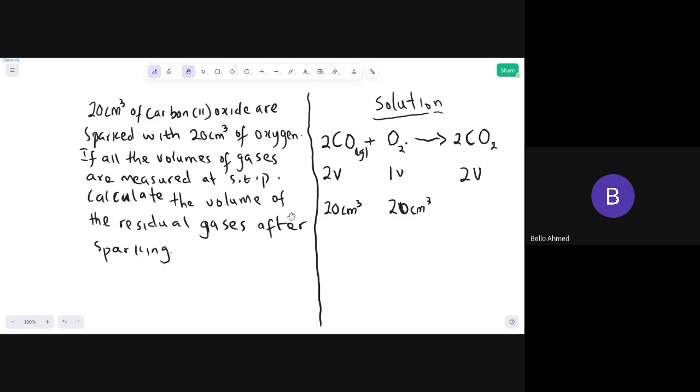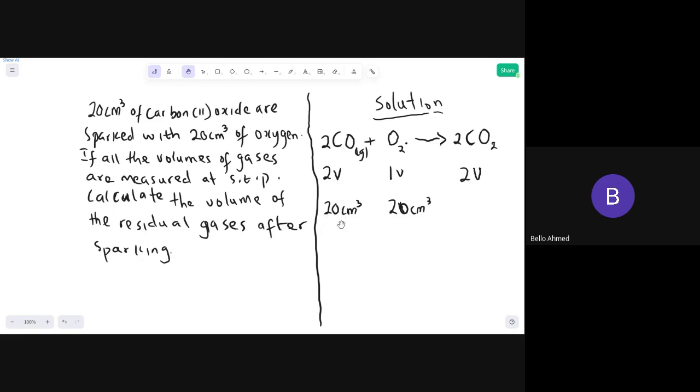Now, after reaction, what are we going to have? So now we have to go back to our equation. This equation says that for every 2 volumes of these reacting with 1 volume of these, we have 2 volumes of the product. A lot of students don't know how to go about this. Are you going to say that all these 20 are going to react?